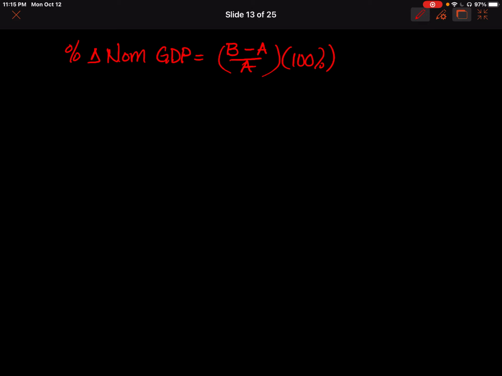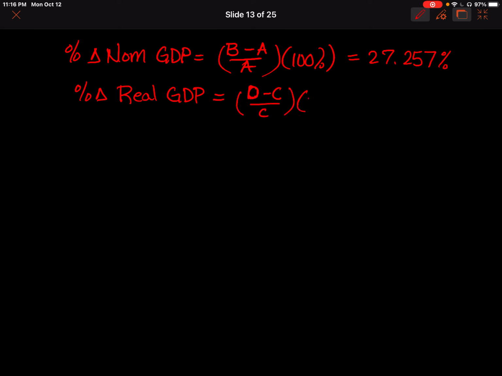And so if you work this out, which I encourage you to do, you should see that this is 27.257%. And the percent change in real GDP is D minus C over C times 100%.